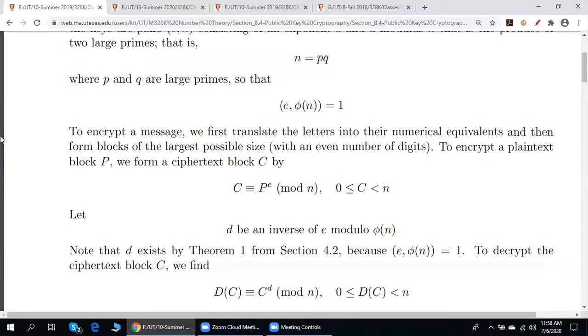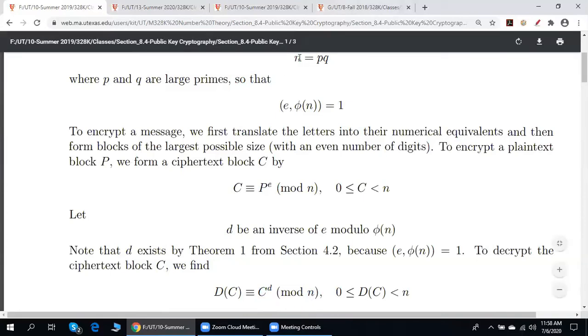Professor, even the encrypting process is still fairly computationally strenuous, is it not? Absolutely. We have to raise p, which is a huge number, to the power e. This is still quite a process, but decrypting is significantly harder, fundamentally harder.